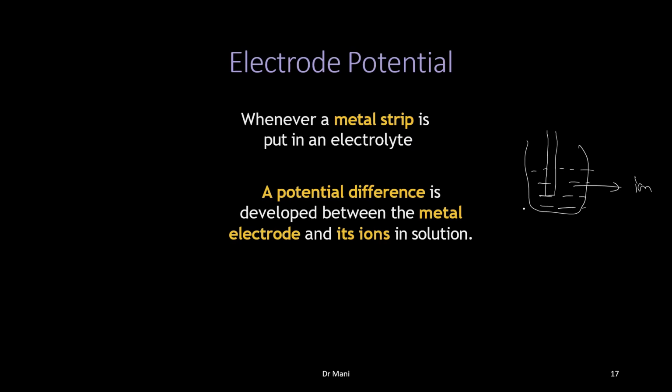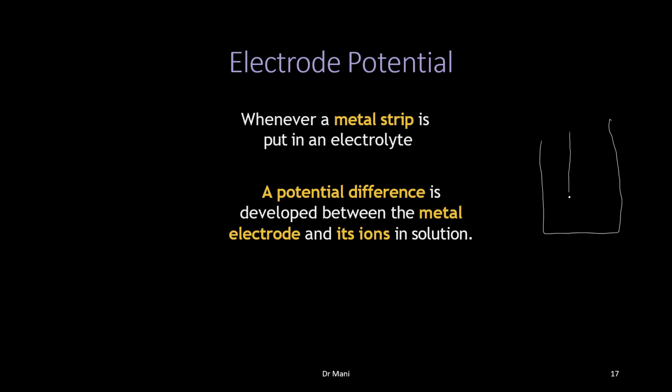Whenever you place that electrode in that solution, a certain charge will be developed between the electrode and the solution. Suppose I get Zn2+ here. The solution contains the ions, and the electrode will be neutral or negative.